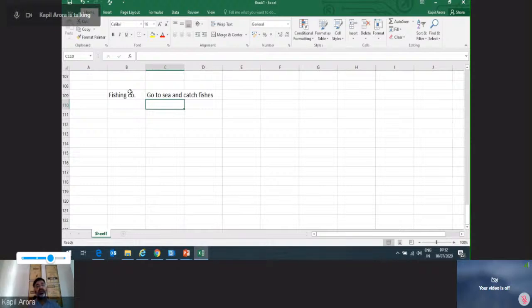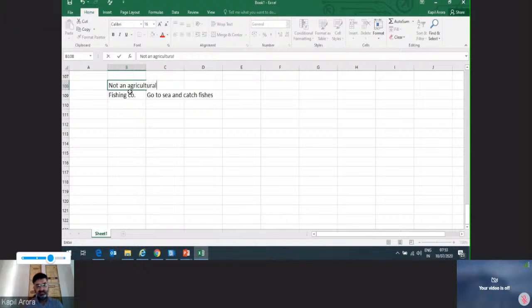Are they managing or doing any study on how they can help grow the number of fishes in the sea? They are not doing that. They are just going there to catch the fish and come back. For them, it is not an agricultural activity.